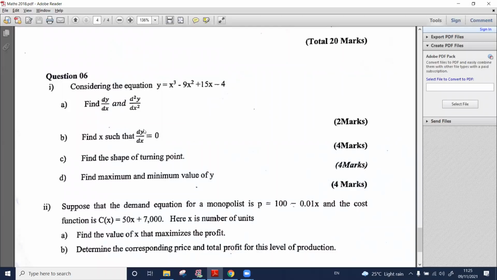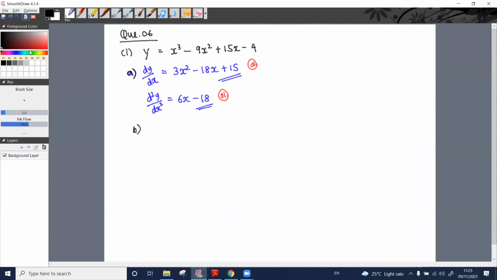Part B. Find x such that dy by dx equals 0. We need to find the value of x when dy by dx equals 0. It means 3x squared minus 18x plus 15 equals 0. What should be the value of x?